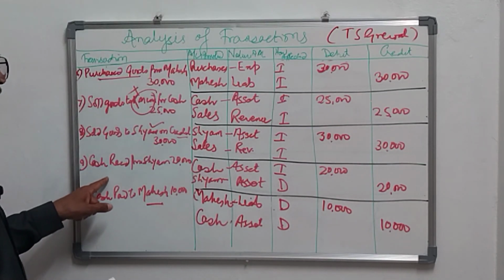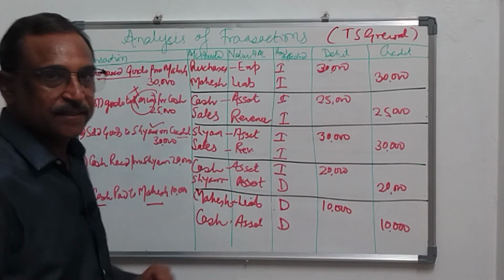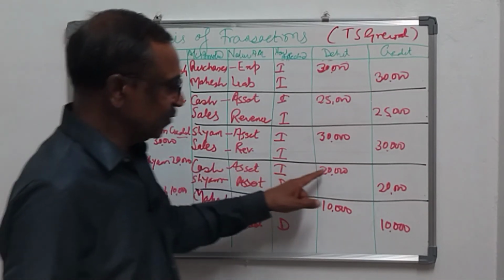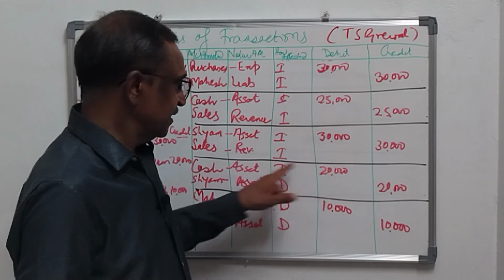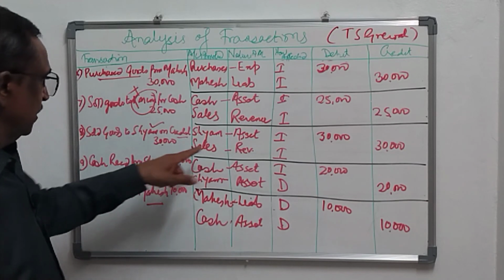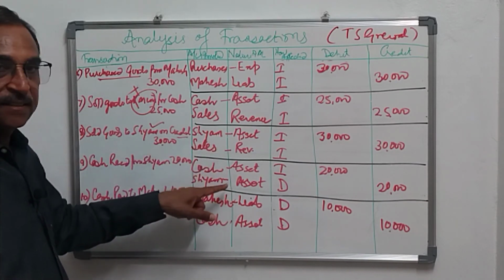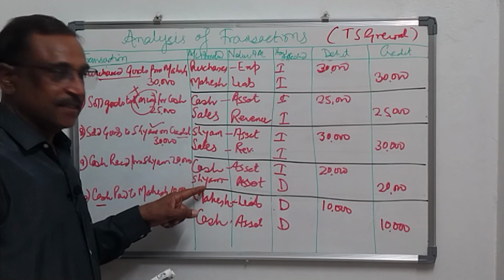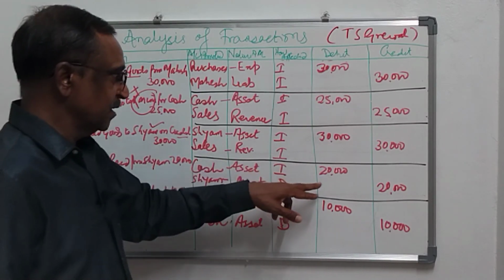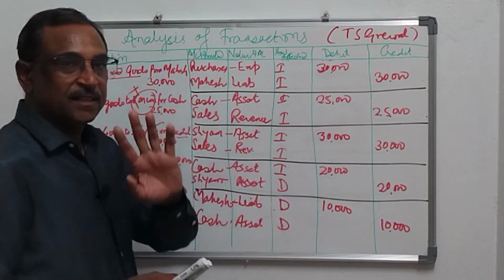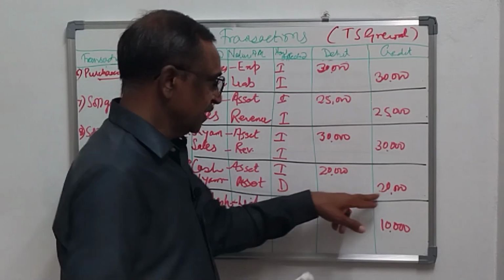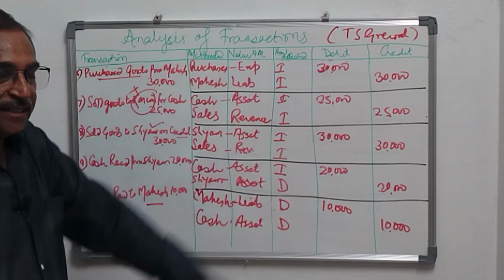Cash received from Shyam 20,000. Cash, being asset, is increasing by 20,000, hence increase in cash asset is debited. And Shyam was your debtor asset, so there is decrease in asset by 20,000. Now we will be left with 10,000 only. So decrease in the value of asset is credited.